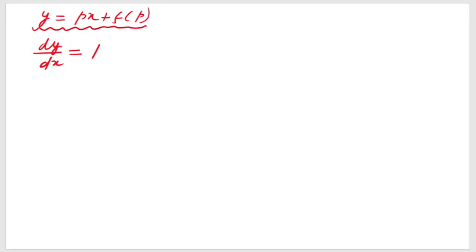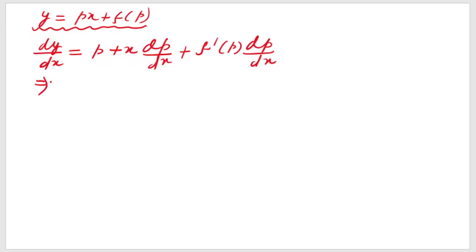So I will get dy by dx, and here I will get p plus x dp by dx, and the function of p, if I differentiate it with respect to p, I will get f dash p dp by dx, right? Now you might be aware that in this process we replace dy by dx by p.